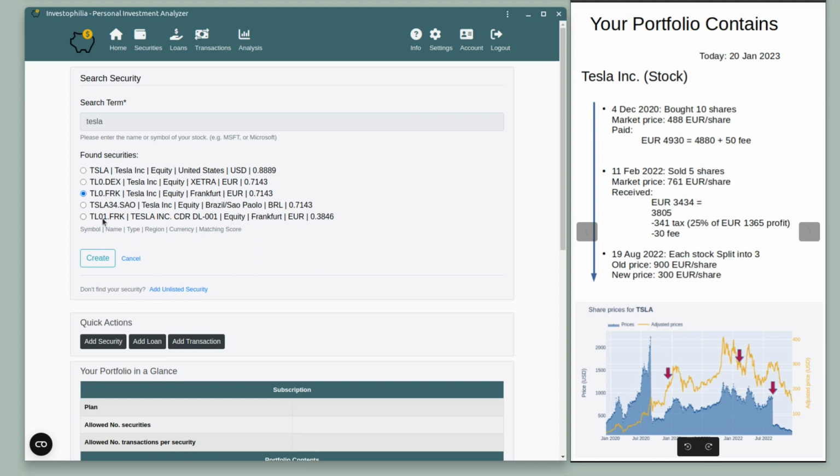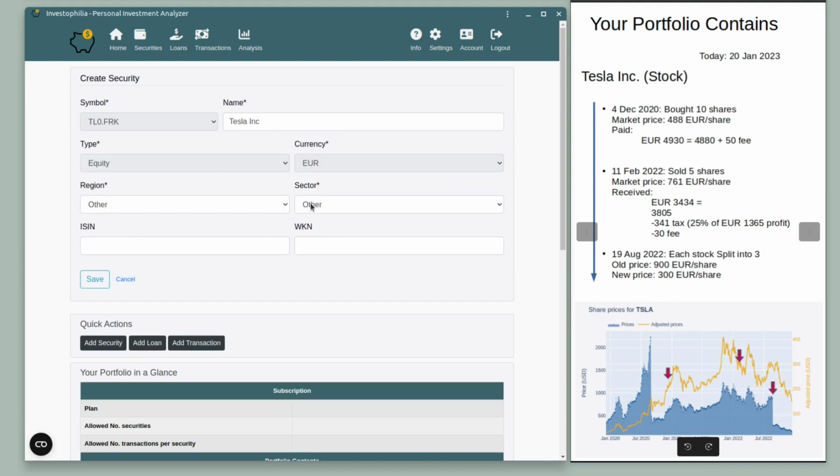So let's say for this case, our desired security is the third one. I click on create and go to the next page where I can give more information about my security. For example, I can choose a region and an industrial sector for that.